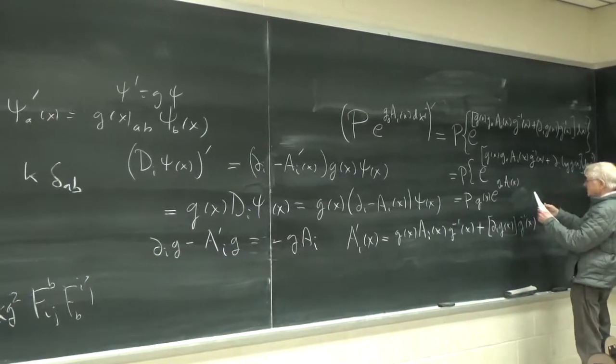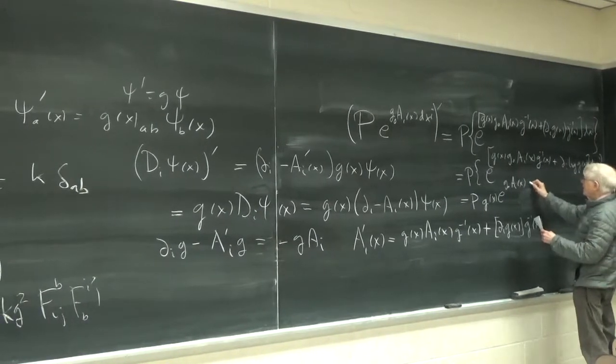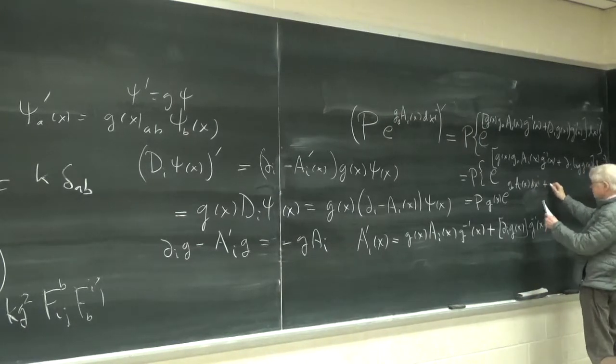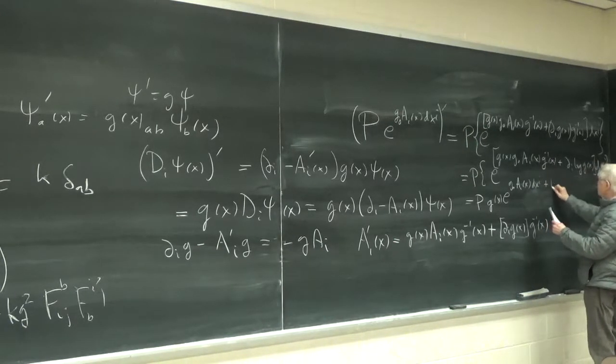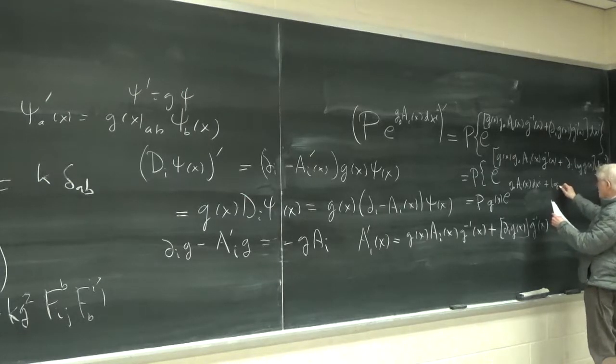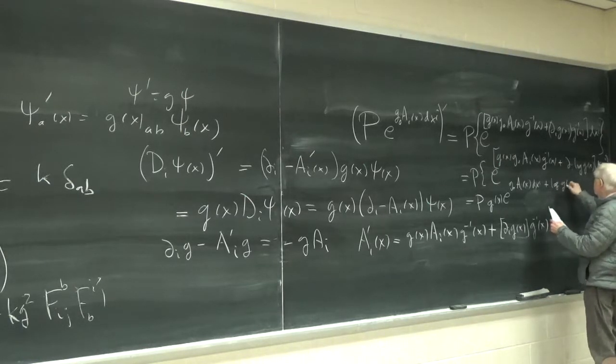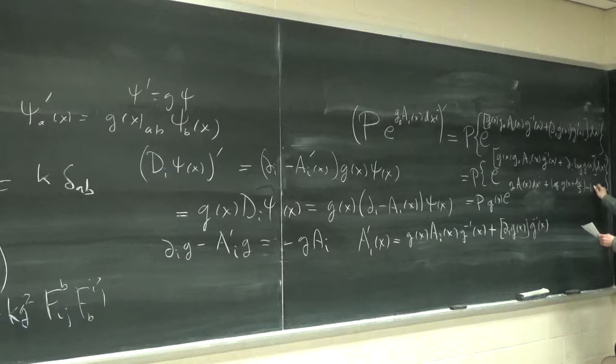And then the rest of this is dx^i plus, and now I'm simply going to write this as log of g of x plus dx^i over 2 minus log g of x^i minus dx^i over 2. That's all in the exponential, and then altogether a g inverse of x at the end.